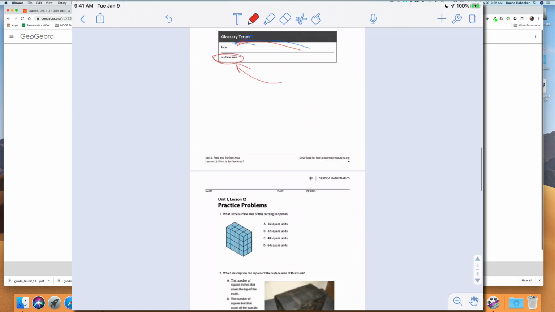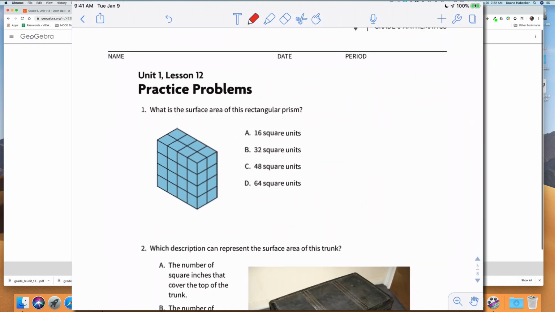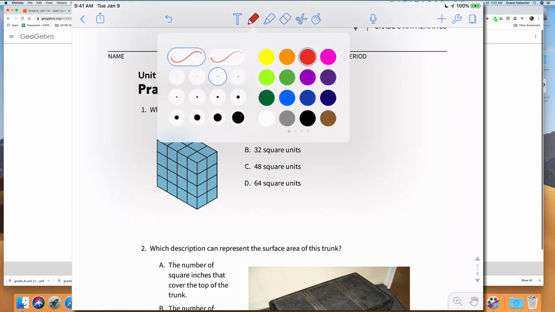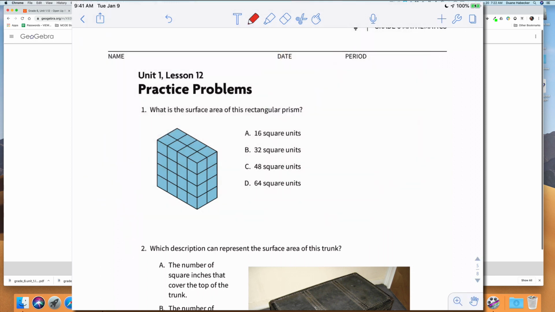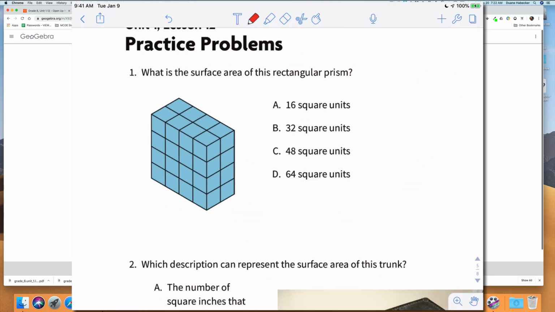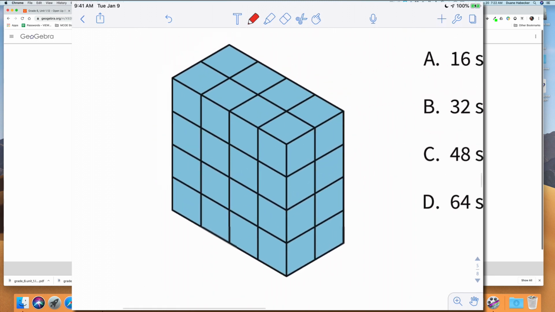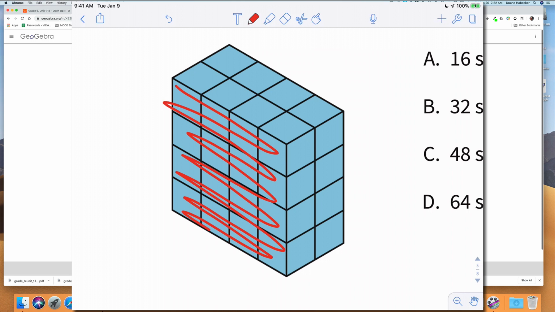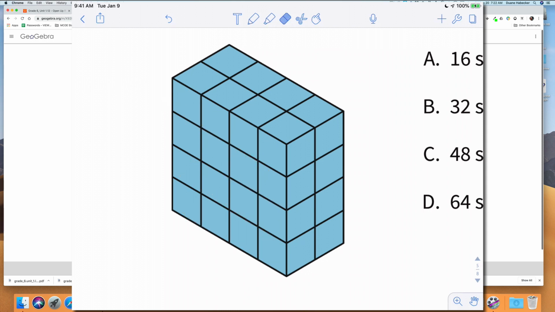All right. And so now let's do some practice, and we'll kind of whip through this practice because we don't need to do all the problems. What is the surface area of this rectangular prism? So first we've got this front side right here. I don't know if that's the front or the left or the top. It doesn't really matter. So let's call that the front face.